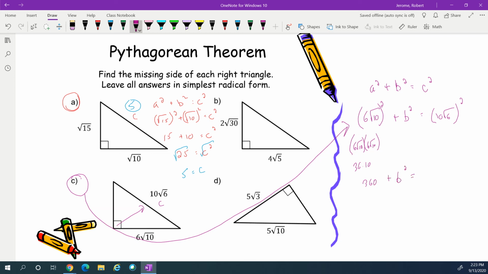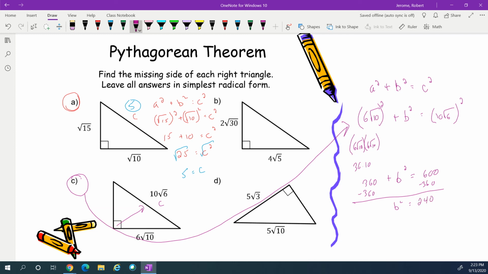And this is why we reviewed radicals at the beginning. And 10 squared of 6 squared is 600. We're going to subtract 360 from both sides. B squared equals, so we have our 600 minus 360 for 240.